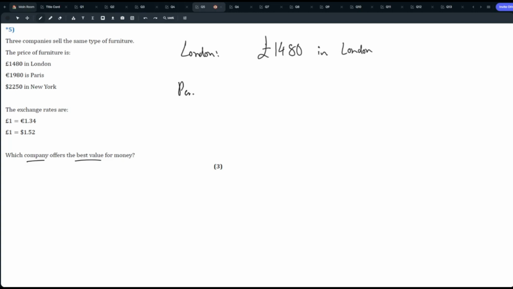So Paris, we know that the exchange rate is, well, it's using euros. So £1 equals 1.34 euros. Now we know the price point in Paris is 1,980. So we're looking for what is that in pounds. Well, how do I get from here to here? What I can do is I can divide 1,980 by 1.34. This will give me my multiplier.